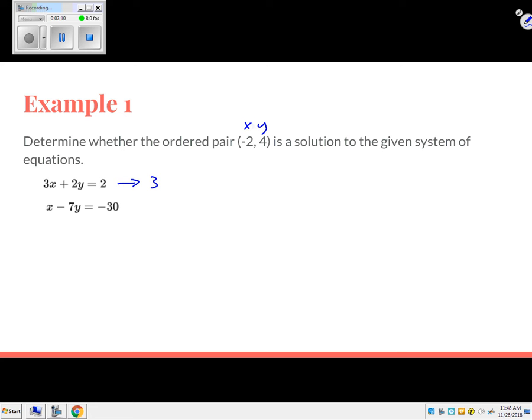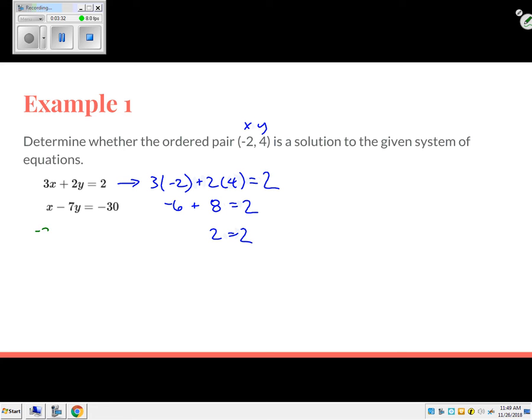So I'm going to work this top one off to the side. It's going to equal 2, hopefully. -6 plus 8 equals 2. Yeah, that worked. 2 equals 2. I'm good so far. It has to work in both of them in order for this to be a go.